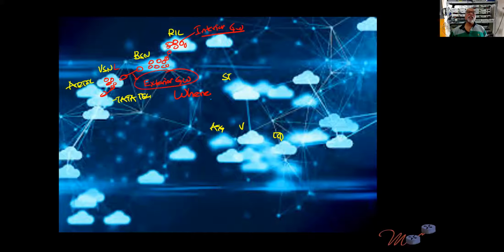There is only one Exterior Gateway Protocol, which is Border Gateway Protocol, they call it BGP. The name also suggests it's between two service providers, it is on the border. Let's say each cloud is a service provider. Each service provider is called an autonomous system.